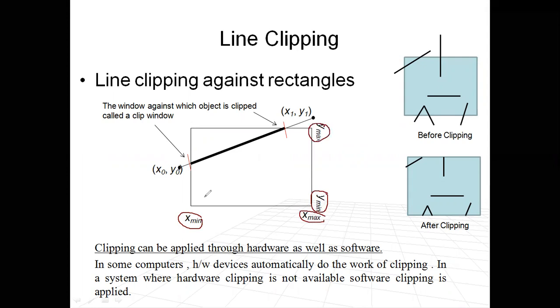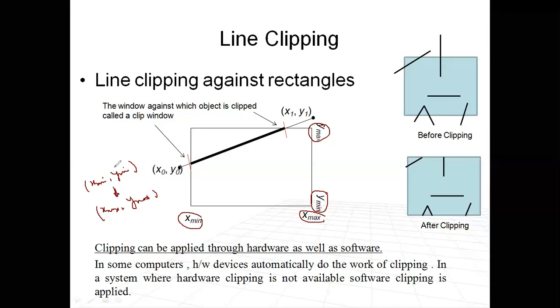So we are ranging this clipping area, that is, we are ranging our viewport from x min, y min to x max and y max. Okay, so this is the region within which our viewport will lie.